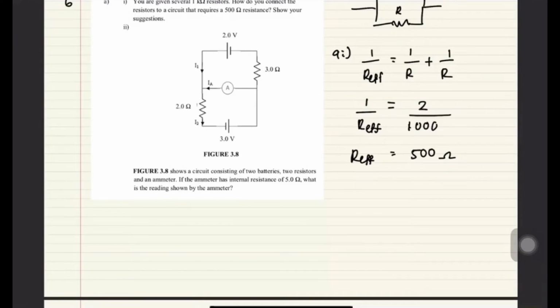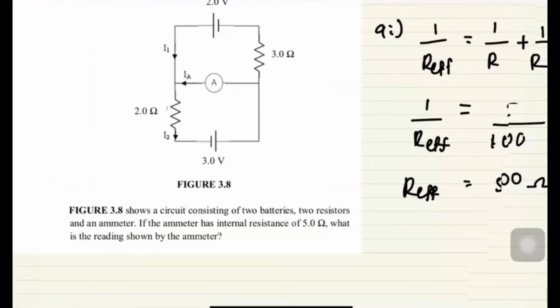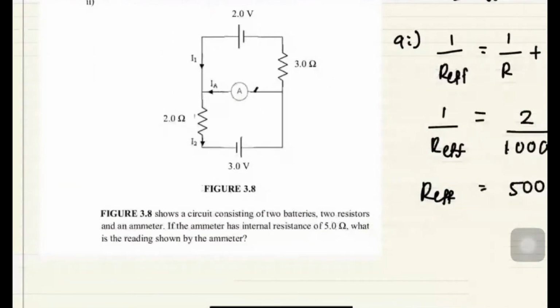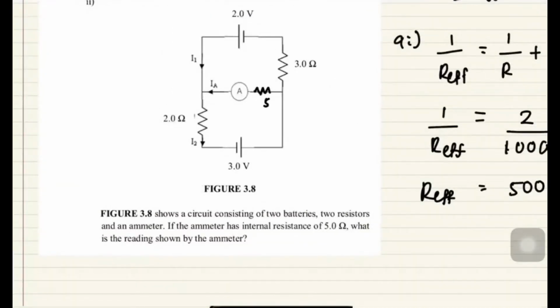Question A2 ni, dia kata kalau emitter tu ada internal resistance of 5, what is the reading shown by emitter? So basically kat sini dia jadi ada 5. So dia nak cari nilai emitter tu. Basically dia nak current yang dekat sini. Pakai Kirchhoff juga ni, sama je.